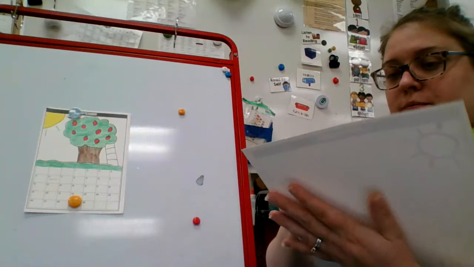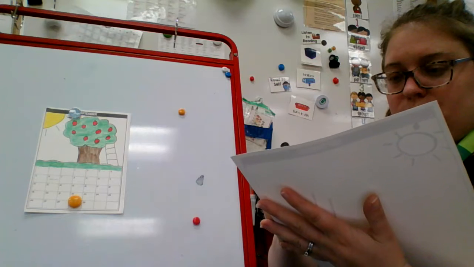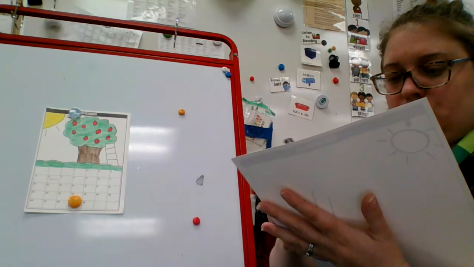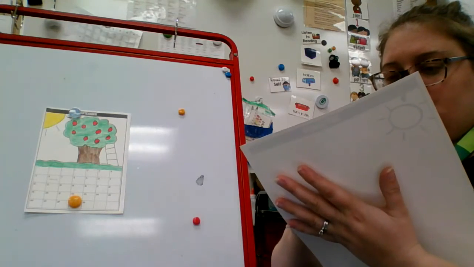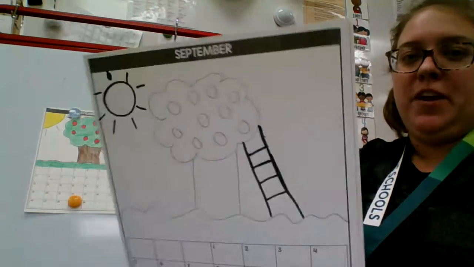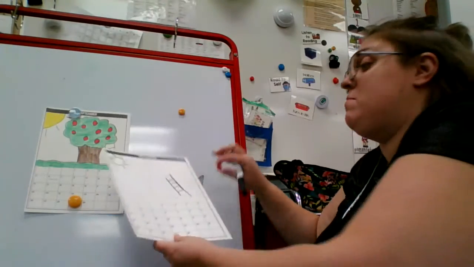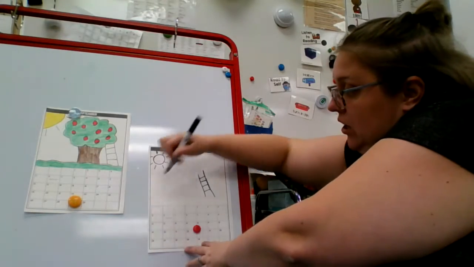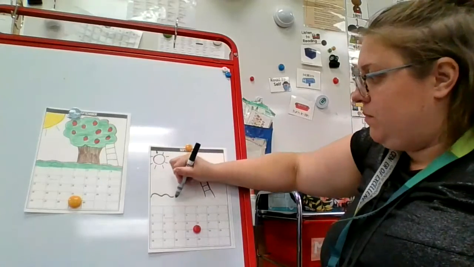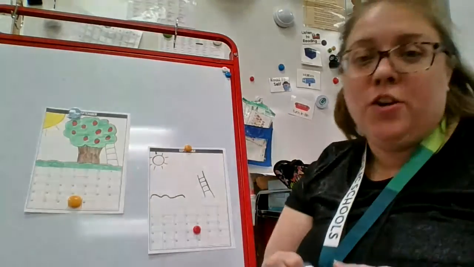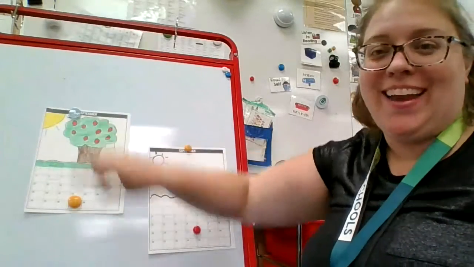I'll show you the ladder. There's your ladder, or my ladder. So I'm going, like I said, over all the pencil lines with my black marker. Once you're done going over all those black lines, with your crayons, you can color in your picture, like mine.